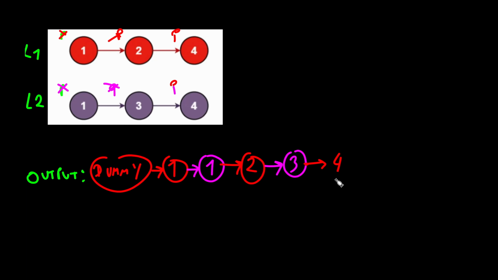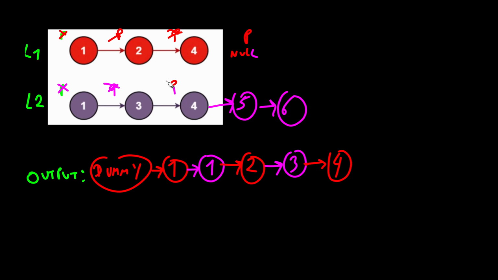So we're going to add 4, and now this pointer is going to be pointing at null, whilst we still have an element to evaluate here. We are lucky enough that there is only one element left, but let's say there were more nodes in this list. We know that these two lists have a property which is they are sorted. So what we could do is, after one of the lists is pointing to null, we have reached the end of the list.